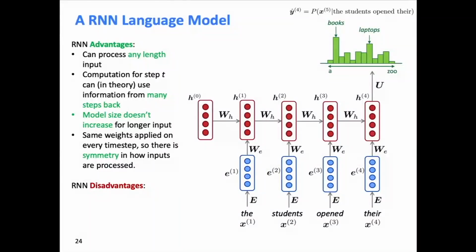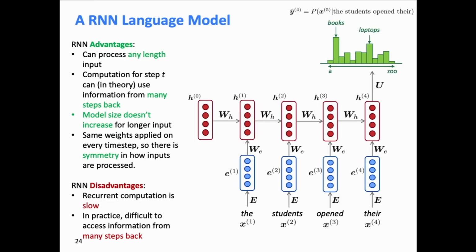Okay, so what are the disadvantages of this model? One is that recurrent computation is pretty slow. As you saw before, you have to compute the hidden state based on the previous hidden state. This means that you can't compute all of the hidden states in parallel. You have to compute them in sequence. So especially over a pretty long sequence of inputs, the RNN can be pretty slow to compute.